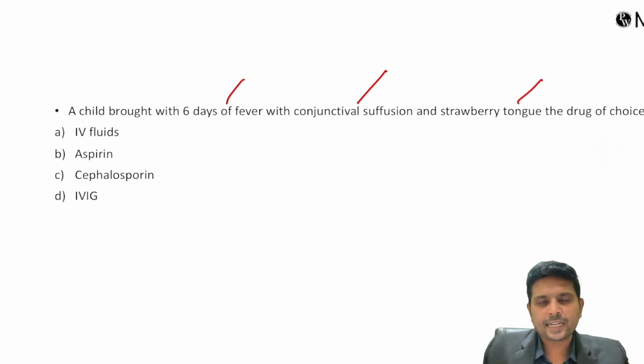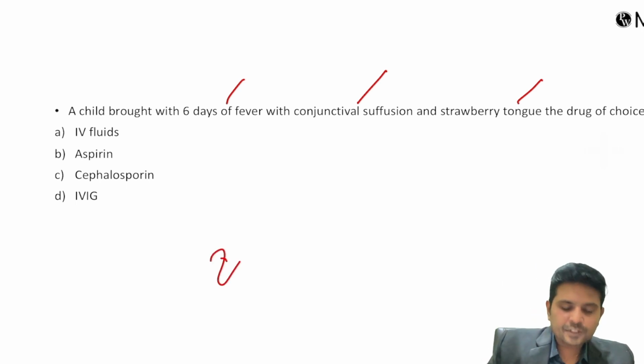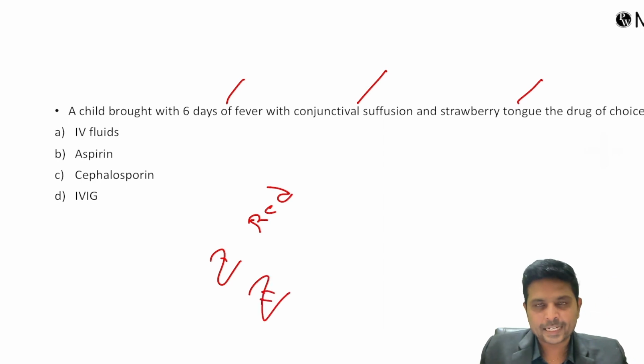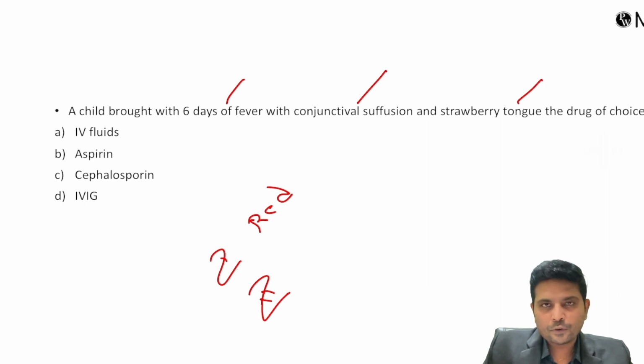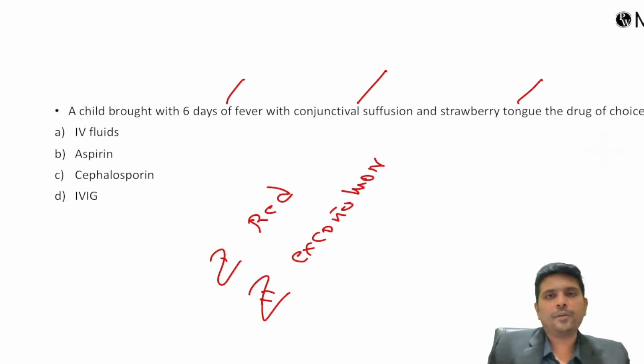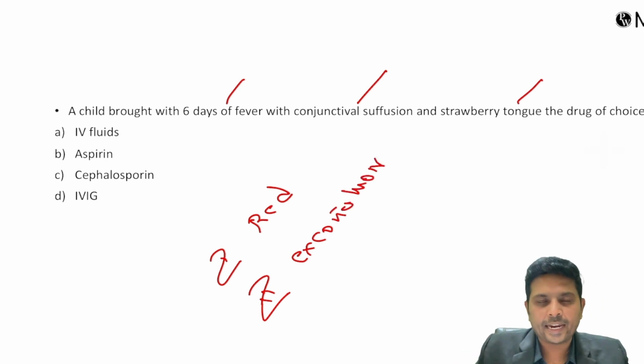What other manifestations are there apart from this mucosal involvement? In the first week, you will get a red maculopapular rash. In the second week, you will get excoriations around the perianal area or exfoliation involving the nail bed. And the last point is a single cervical lymph node of more than 1.5 centimeter.